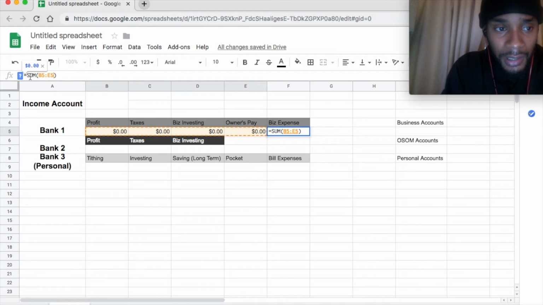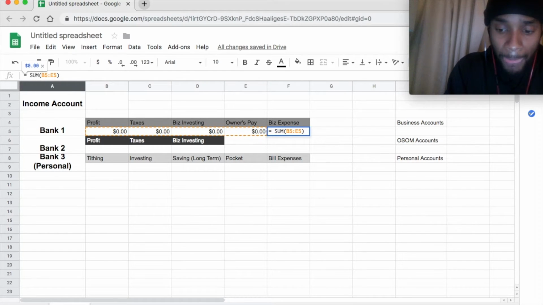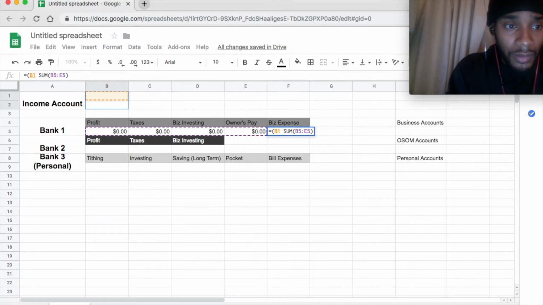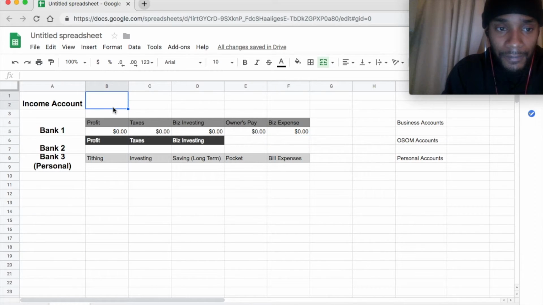But in the beginning, you'll put open parentheses, this income account, close parentheses, minus the sum of these accounts. That way, when you put anything into your income account, it'll subtract the remaining. It'll get you the remainder amount into your business expenses.